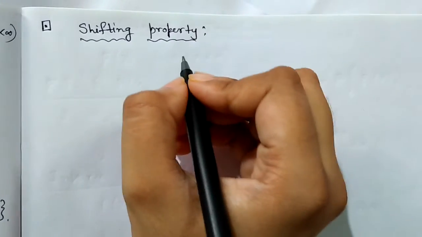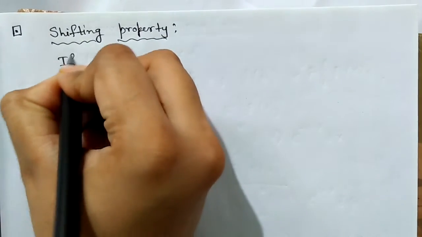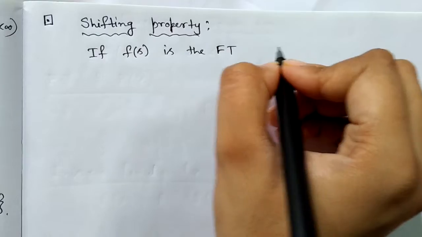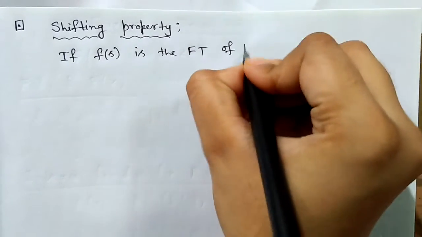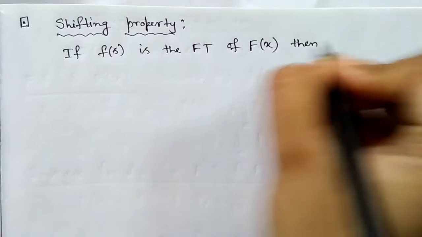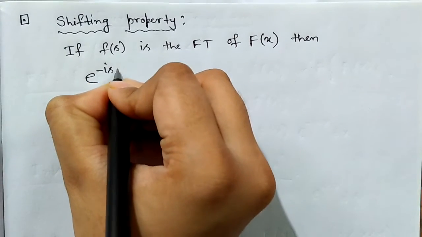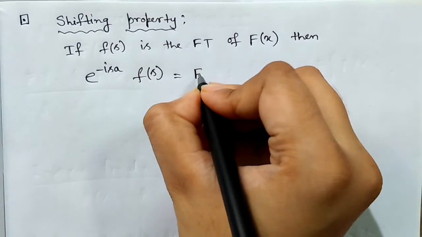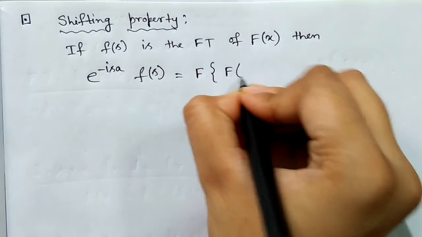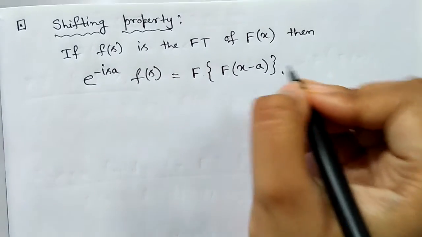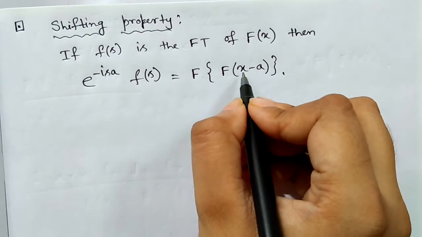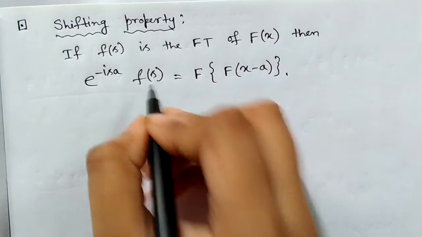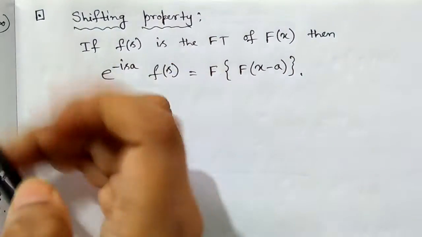This property states that if F(s) is the Fourier transform of F(x), then the Fourier transform of F(x minus a) is equal to e to the power minus isa times F(s). So check.